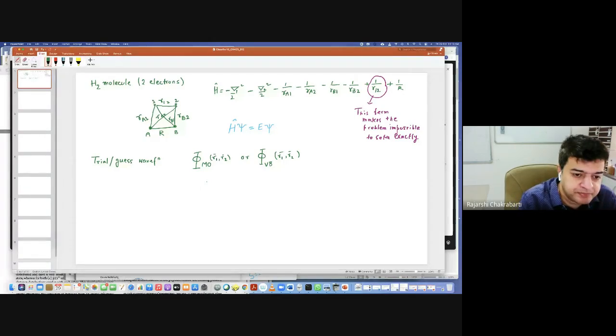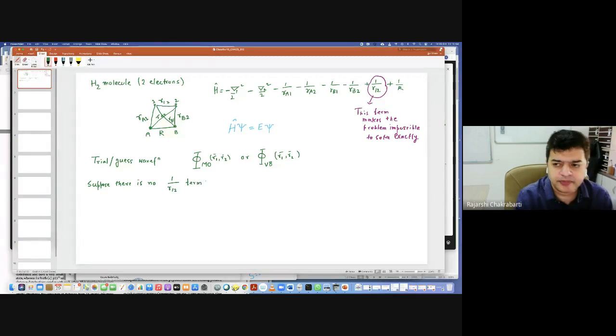Now, suppose there is no 1 by r12 term. What does it mean? There is no electron repulsion.